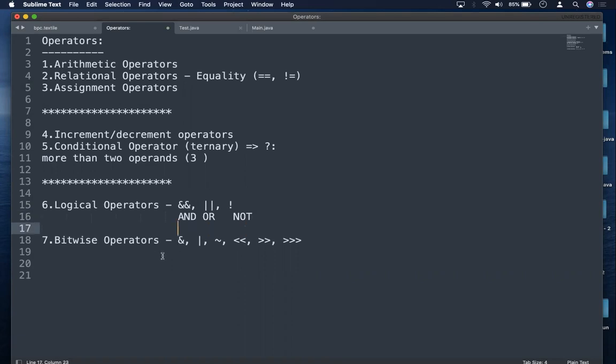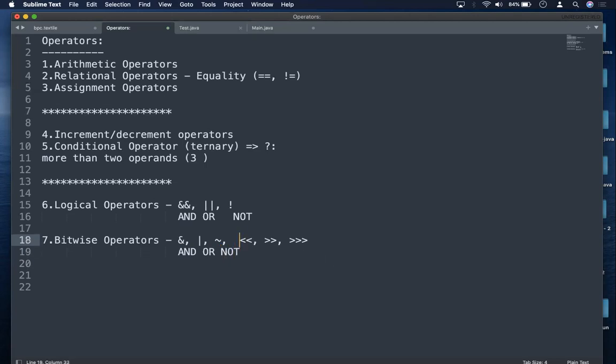In the same fashion, as part of the bitwise operators, we have bitwise AND, which we call a single ampersand symbol, and bitwise OR. Then we have the negation operator, also called the tilde operator, which is kind of a NOT here.